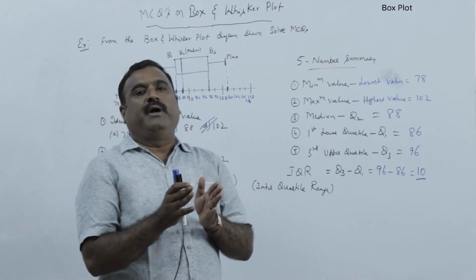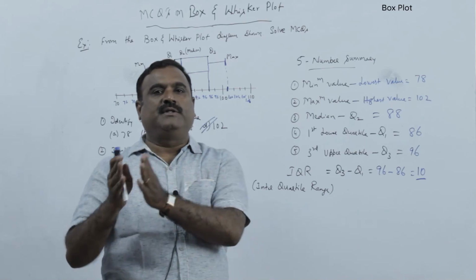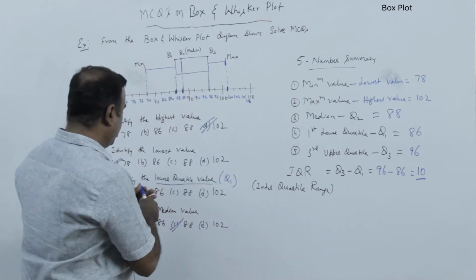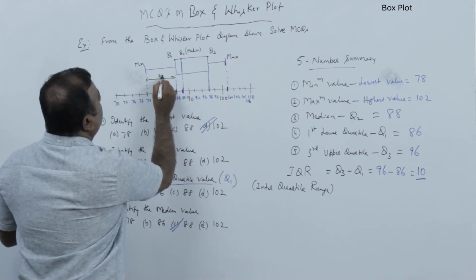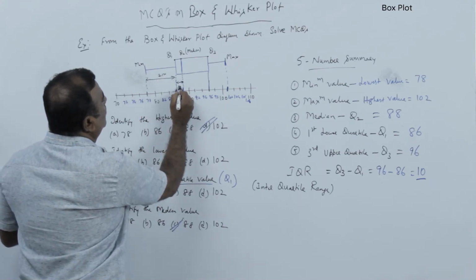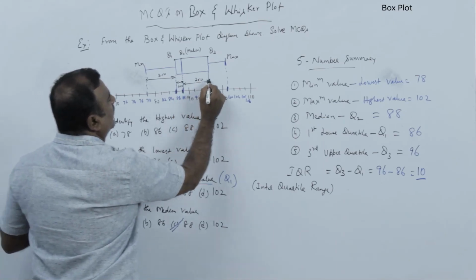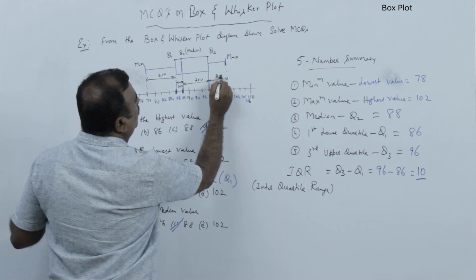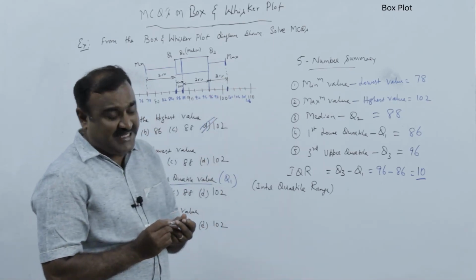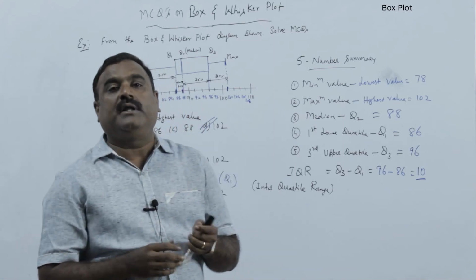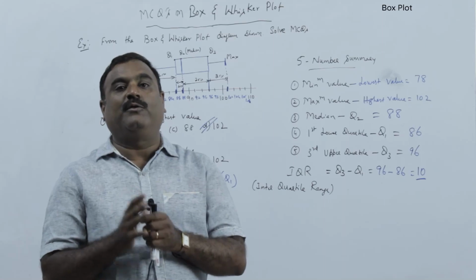It divides the data into 4 quarters: 25%, 25%, 25%, 25%. You can see that in this diagram. Don't worry about the length. This is very useful information, especially in companies, for seeing how the company is performing in the first quarter, second quarter, third quarter, and fourth quarter.